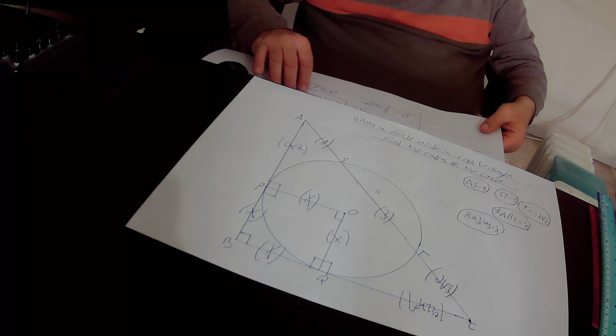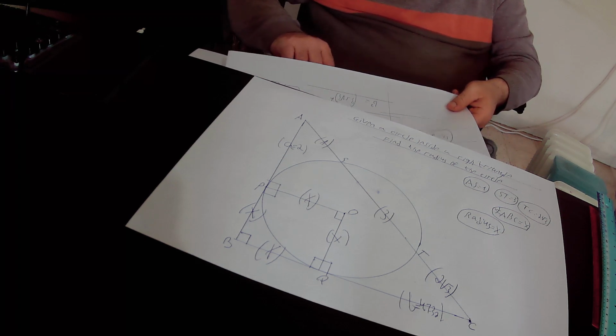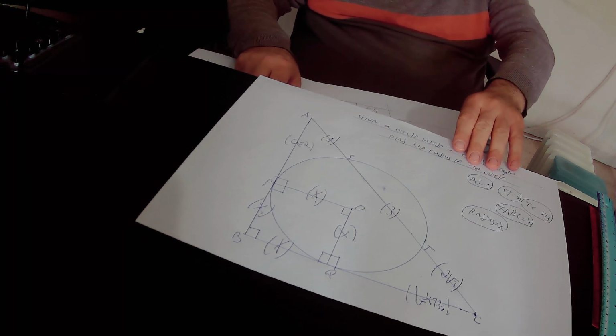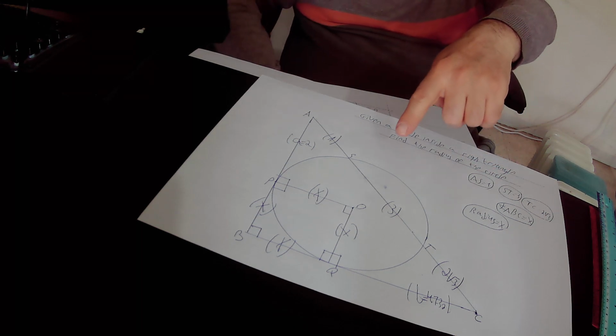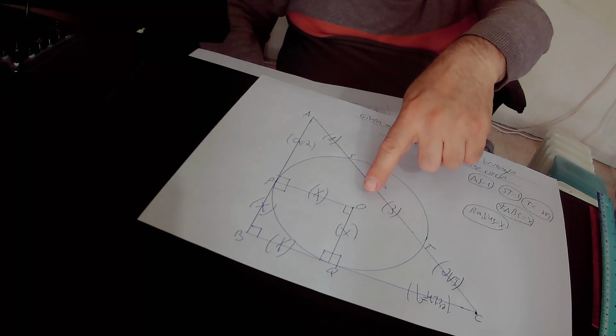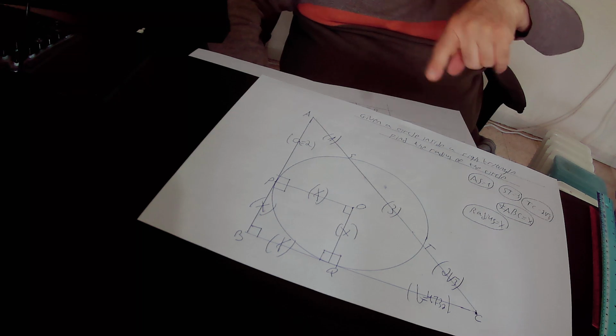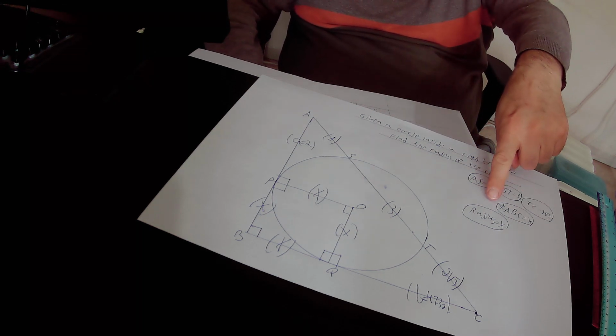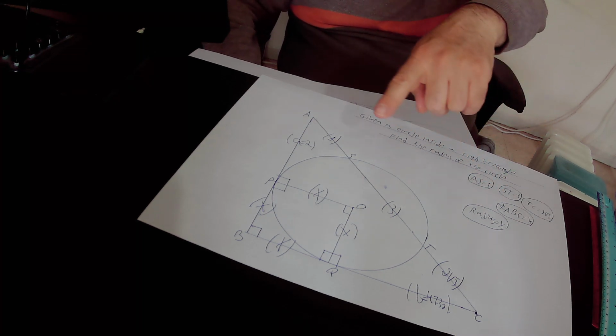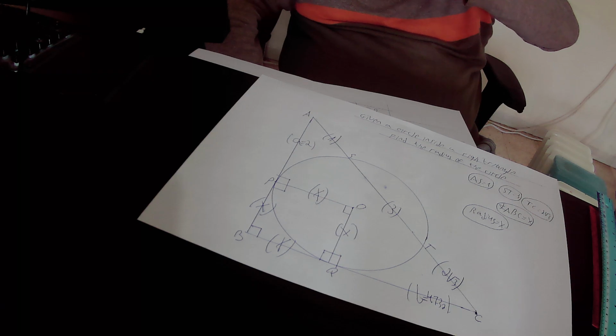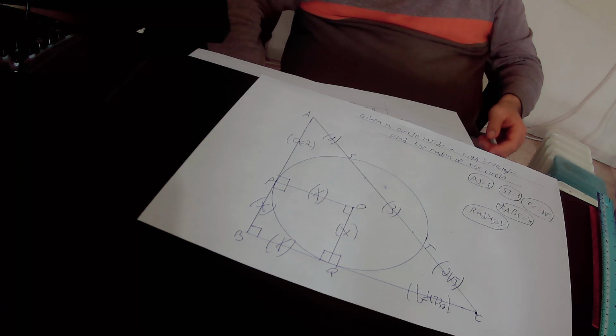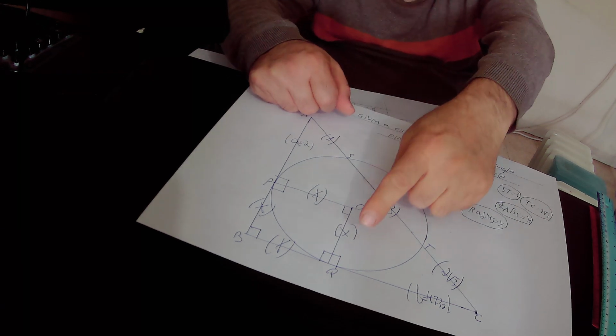So in the first step, we define the center of this circle, this point, as O, and we define the radius of this circle as x. We join points O and Q together by a straight line.